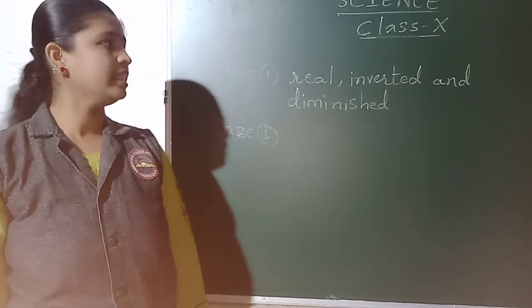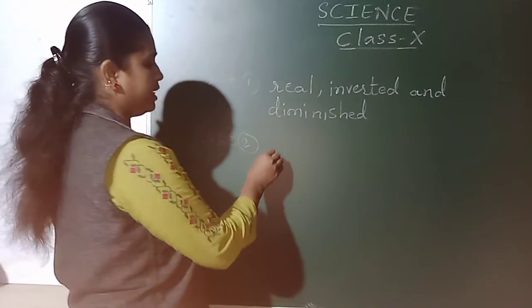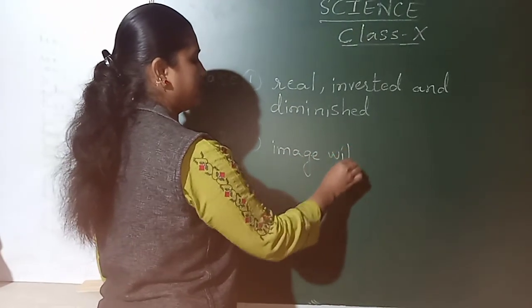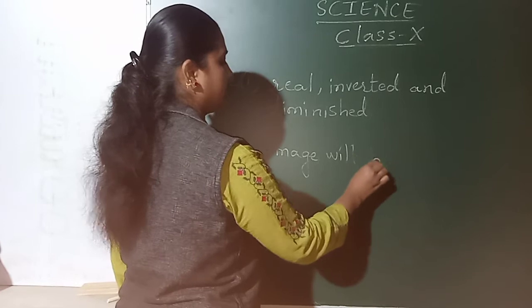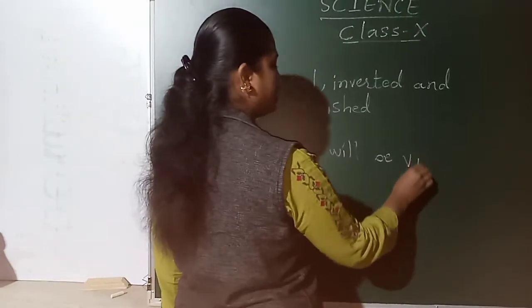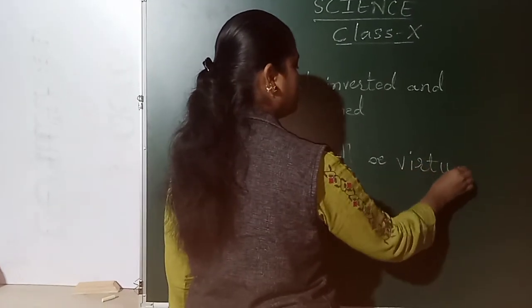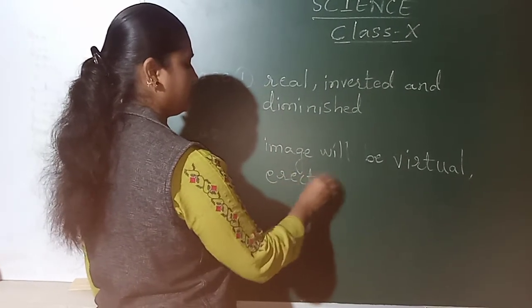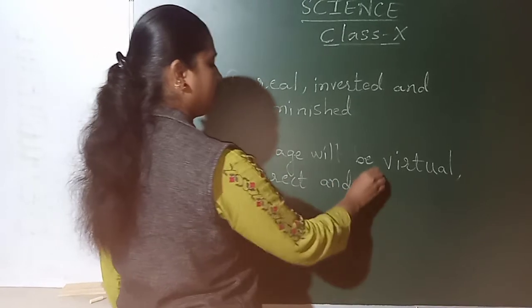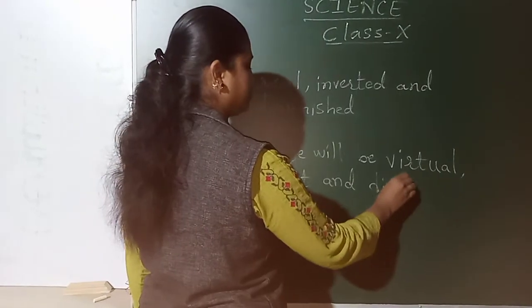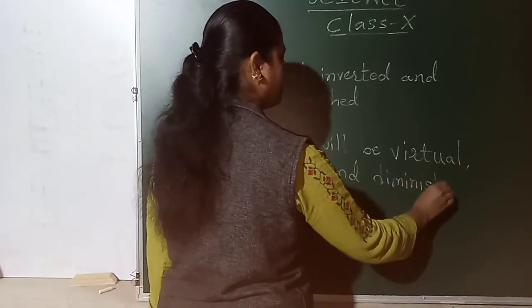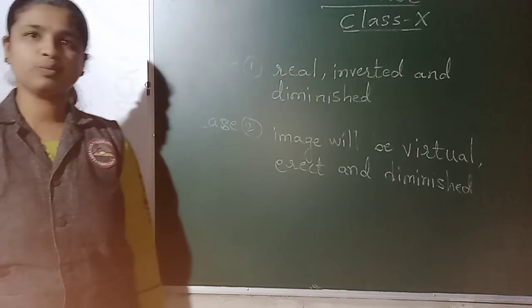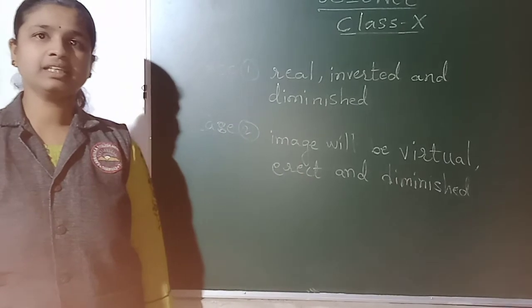You will find that the image will be virtual, erect and diminished. In the second case, the image will be virtual, erect and diminished.